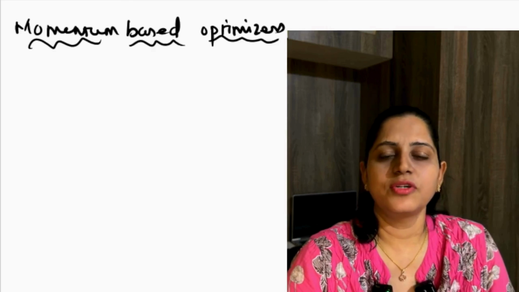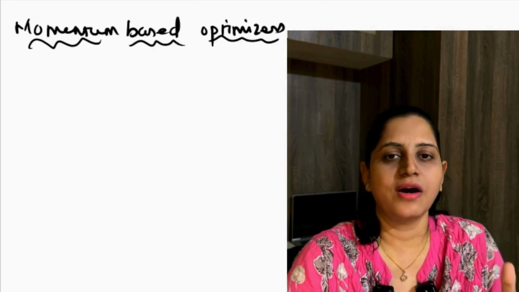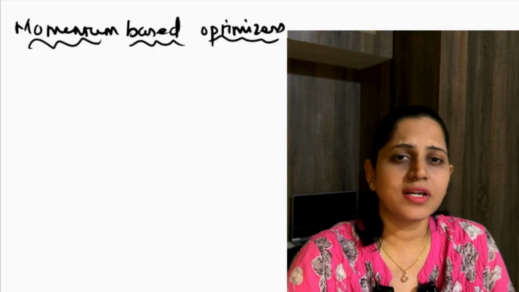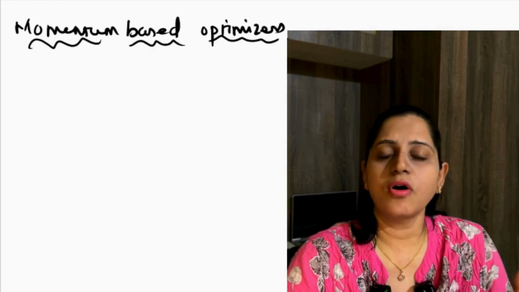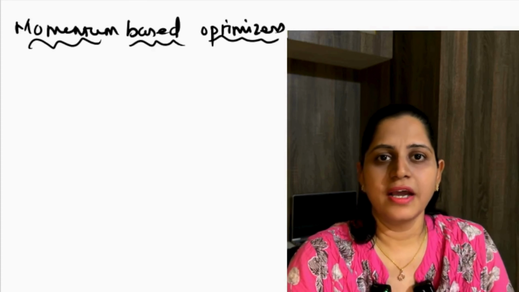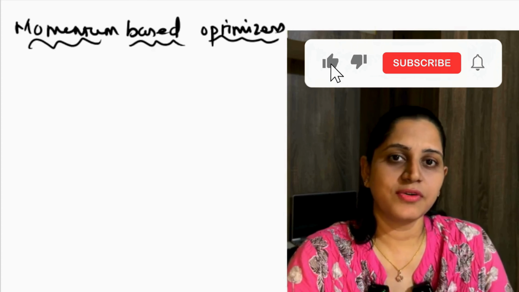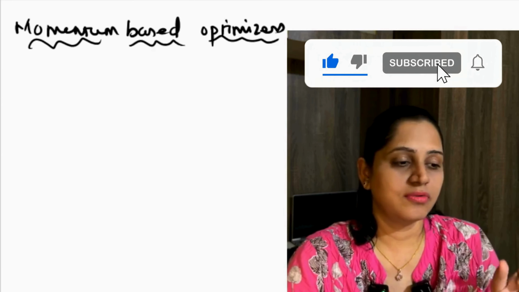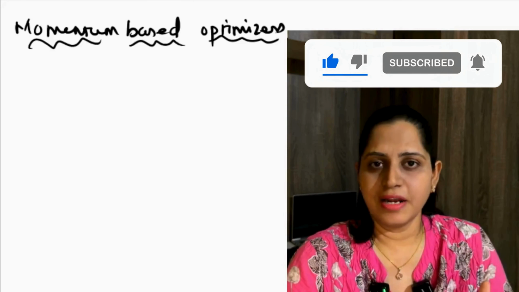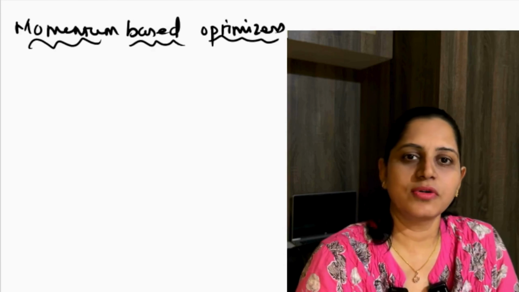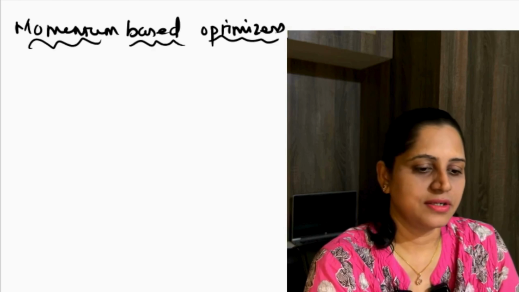So at that time, you need to know what the different types are and how those things work, and which one can be used at which place. If you don't know those concepts, it gets harder. You need to stick to this video till the end to get that concept. It will help you. So let's start with momentum-based optimizers right now.